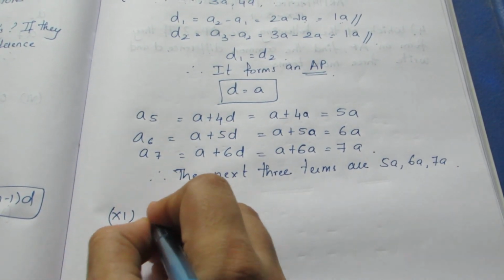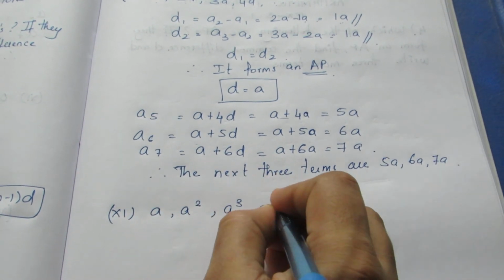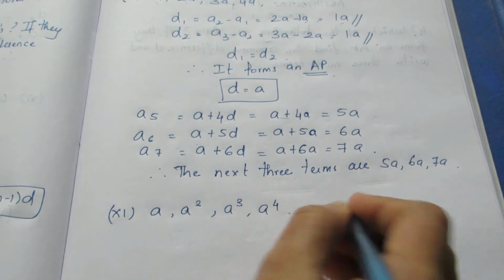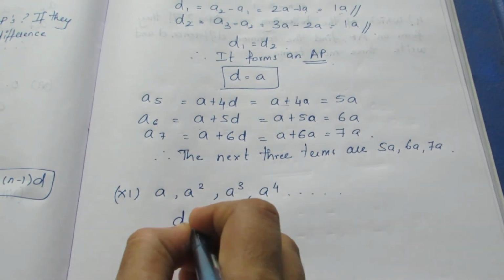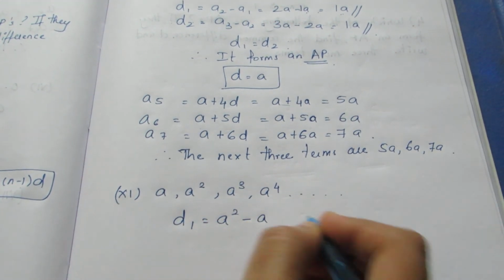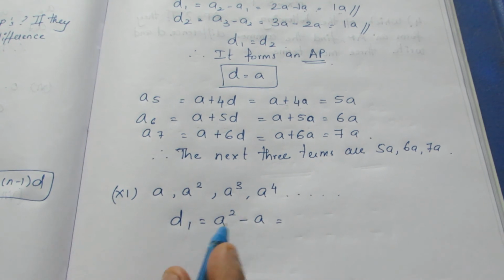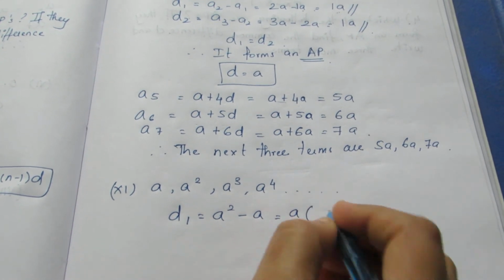The 11th one, the question is A, A square, A cube, A power 4. D1 equals A square minus A. We can't solve A square minus A, so we can take A common outside.